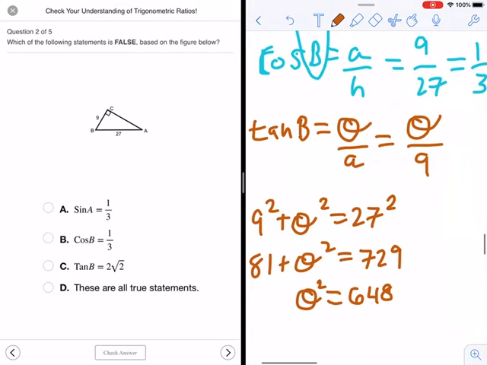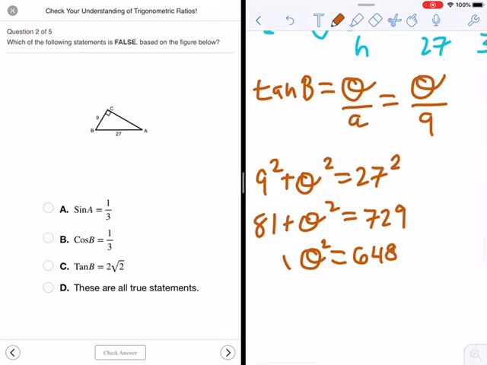Okay, I got a little thinking to do. 648. I'm almost there, just give me a minute.